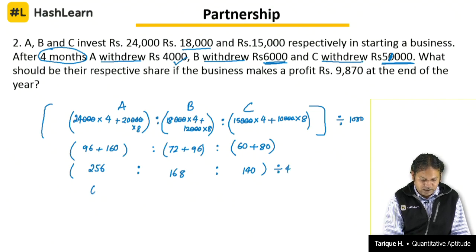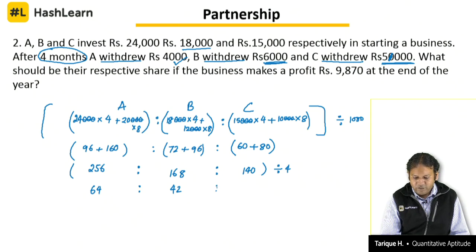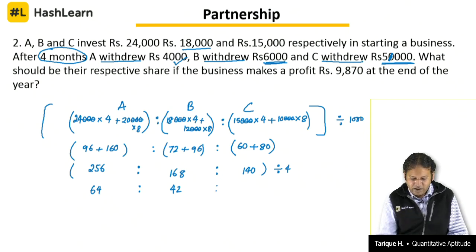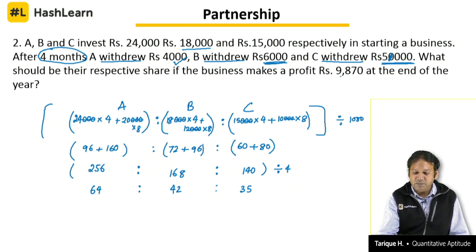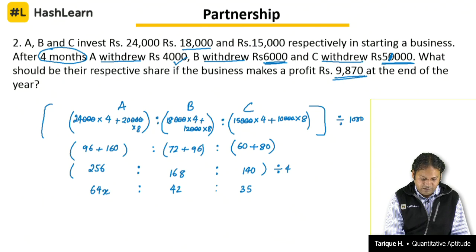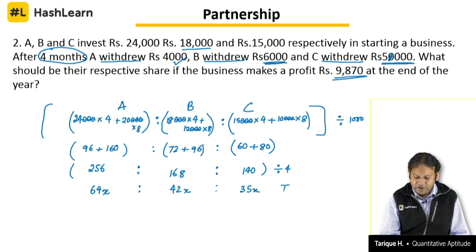So 256 by 4 is 64, 168 by 4 is 42, and 4 into 35 is equal to 140. So our final ratio is 64, 42 and 35. What should be the respective share if the business makes a profit of 9870? So what you should do is take x everywhere and find out what is the total in terms of x.